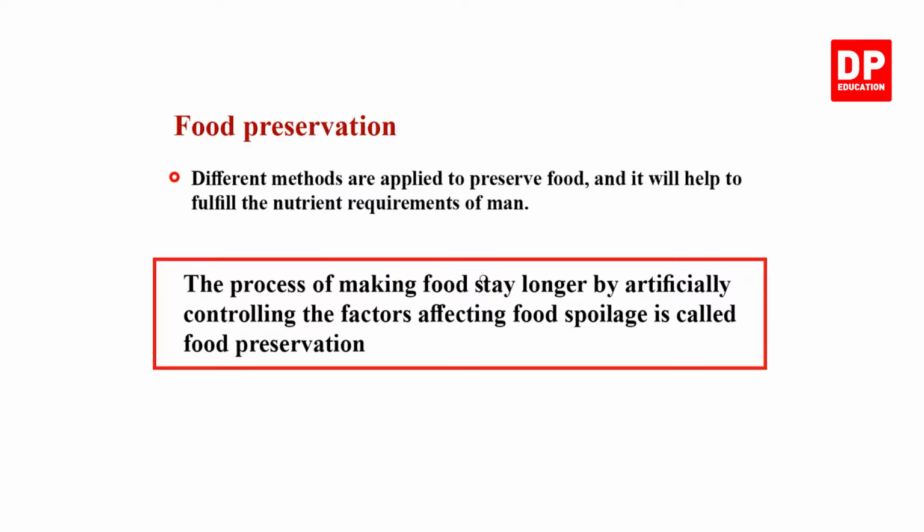Right then. So you are given the meaning of food preservation. What sort of a thing is called food preservation? Here it is given, different methods are applied to preserve food, and it will help to fulfill the nutrient requirement of man.